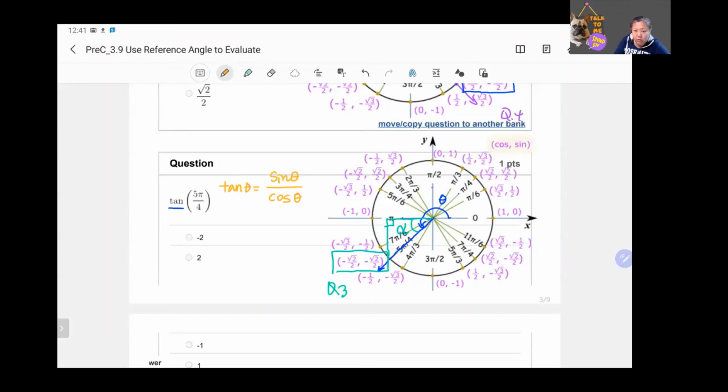Since we technically know the value of sine of the angle and cosine of the angle right here, all we have to do is tangent of the angle 5 pi over 4 is first the sine value, which is negative radical 2 over 2, all over the cosine value, negative radical 2 over 2.